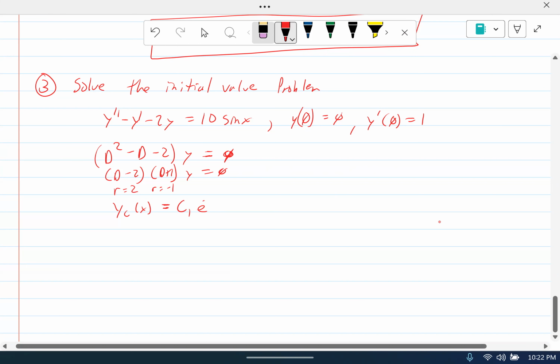Okay, and so c1 e to the negative x plus c2 e to the 2x. So that's my complementary function.